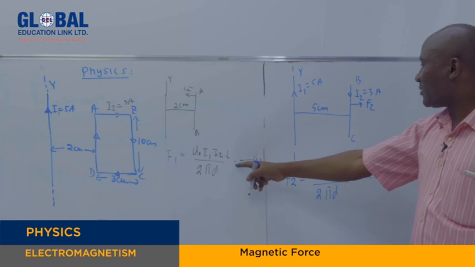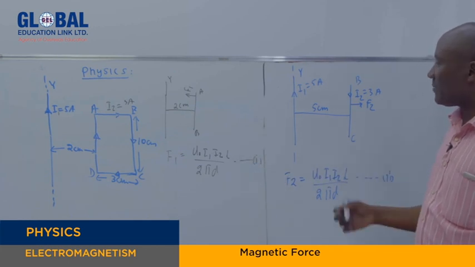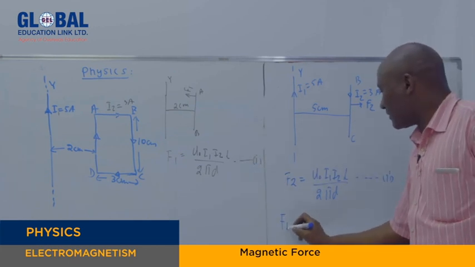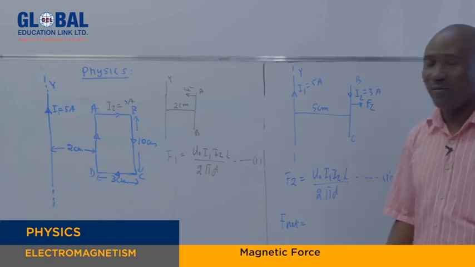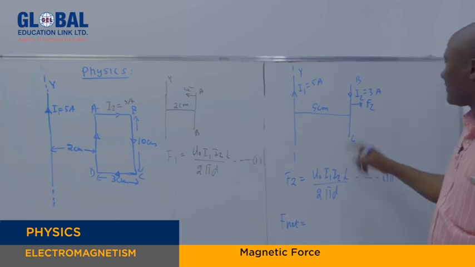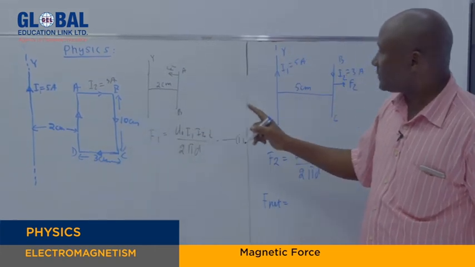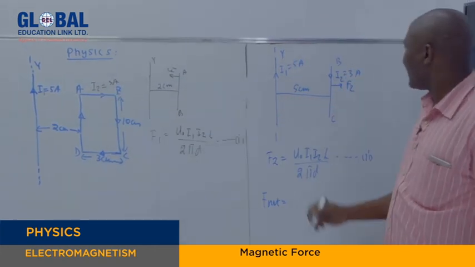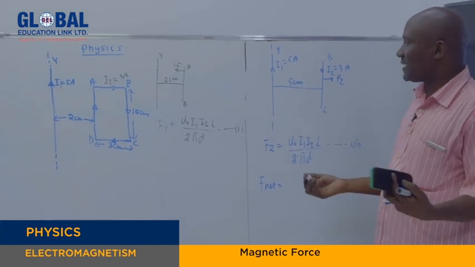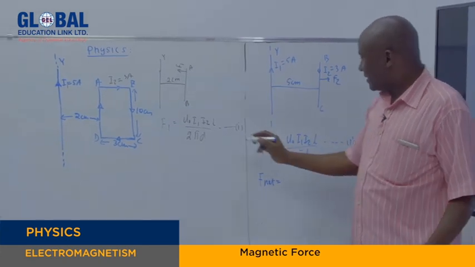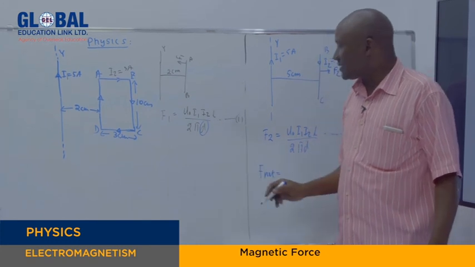After finding the magnitude of the forces, you are now able to find the net force here. I'm giving you hints on how to go about it. You find F1, you find F2, and you can see F1 is pointing to the left and F2 is pointing to the right. Now, which one is greater? By mathematics, a small distance produces the greater force.